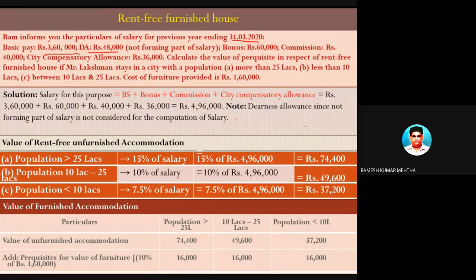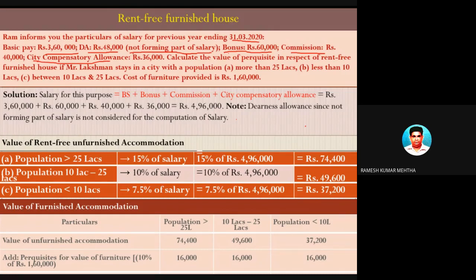The DA is 48,000, and the DA is not forming a part of retirement benefits. Please remember this. Next is bonus for the whole year. Basic pay is for the whole year, DA is for the whole year, bonus is for the whole year, commission is for the whole year, and city compensatory allowance is for the whole year.